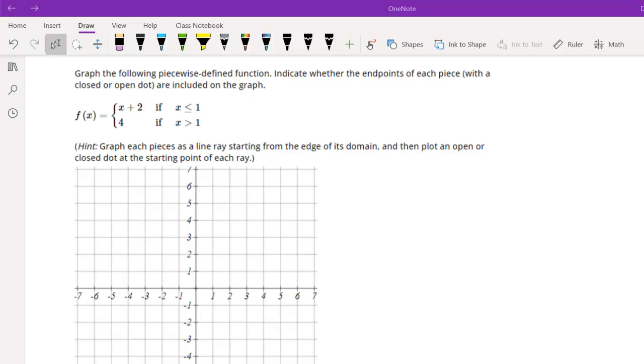So we'll graph each piece of the function based on its interval for x. For our first graph, we're simply going to make an x and a y chart. X is going to be any numbers that we choose to substitute in. Y is actually going to equal the function x plus 2.